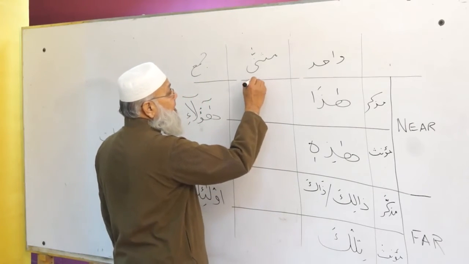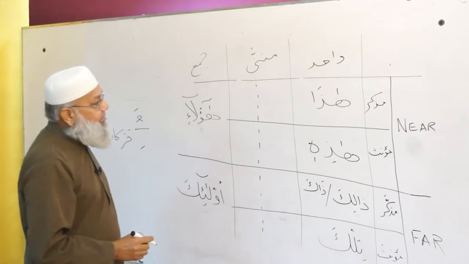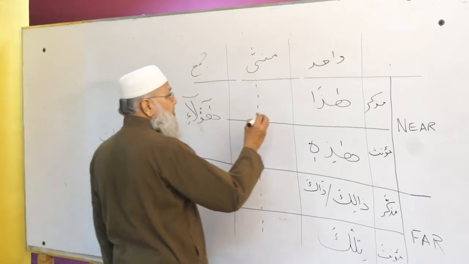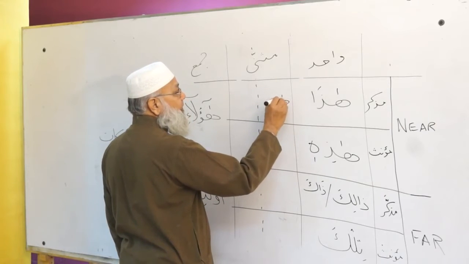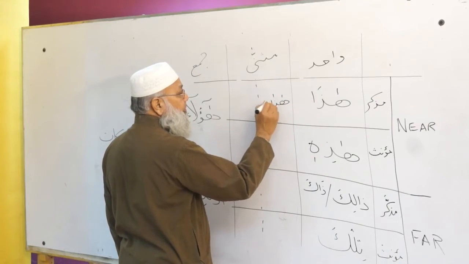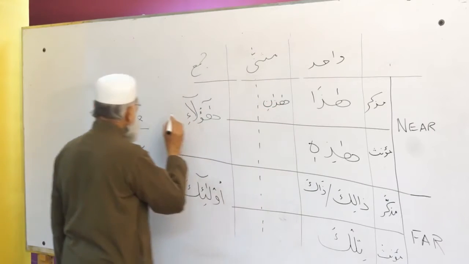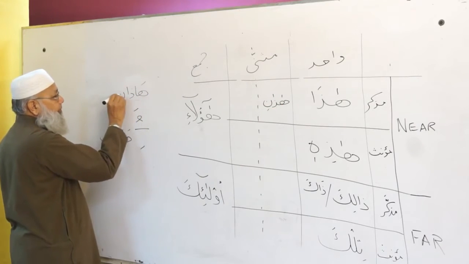But musanna, if you remember, I said musanna is without any exception. So, musanna of hada would be hadani. Hadani, it can be written this way also. Same thing.